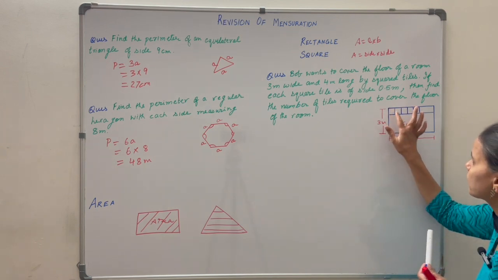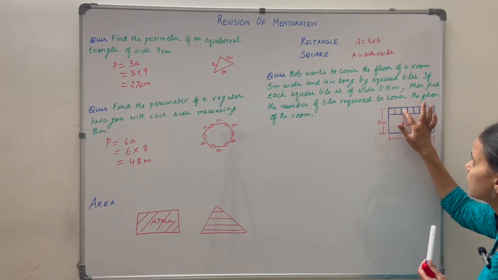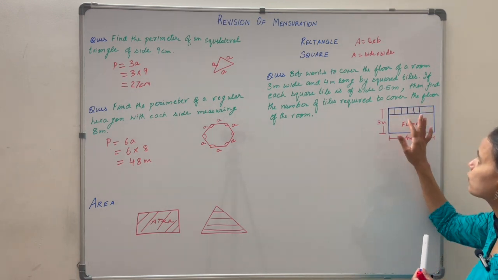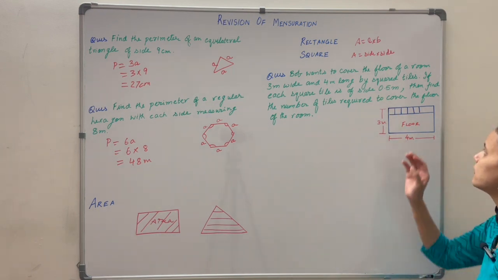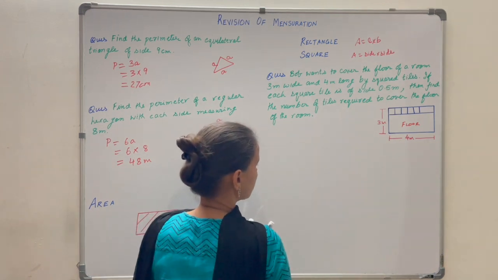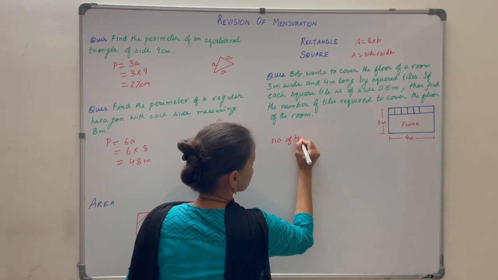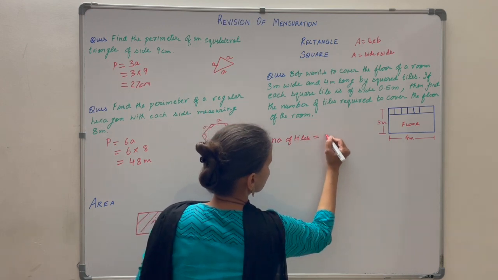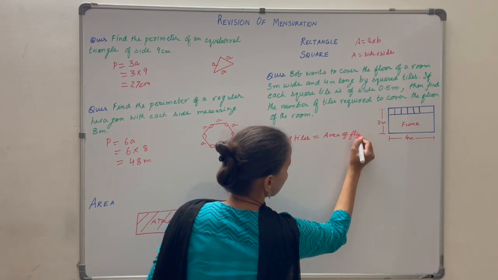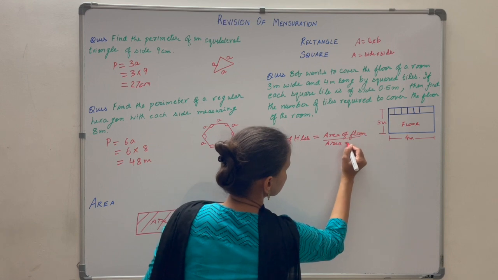If you divide the area of the floor by the area of one tile, then you will get the number of tiles. So now let us find out the number of tiles. So number of tiles is equal to the area of the floor upon the area of one tile.